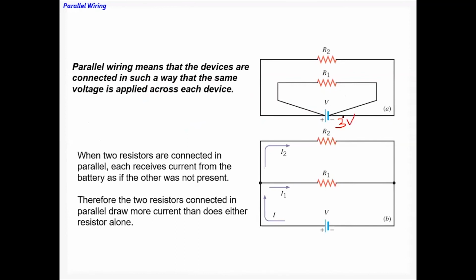This 3 volt is connected to this resistor, and the same 3 volt is connected to the other resistor. Do you see that? These two seem to be connected in parallel, right? That's why this kind of connection is called parallel wiring.